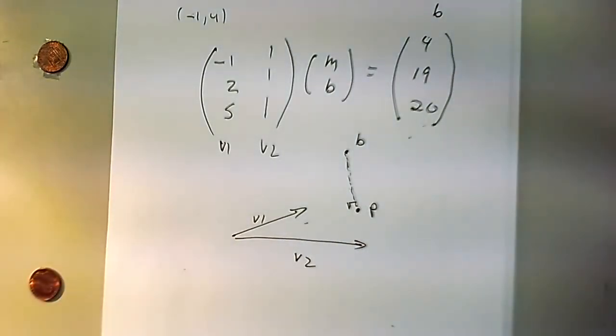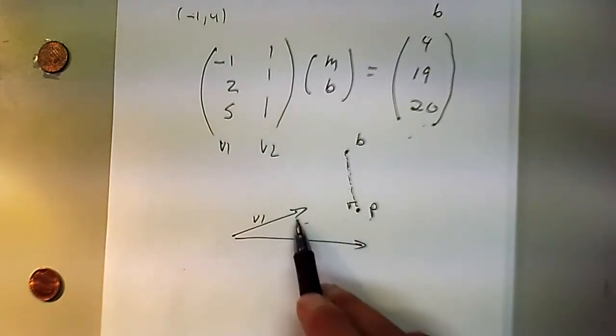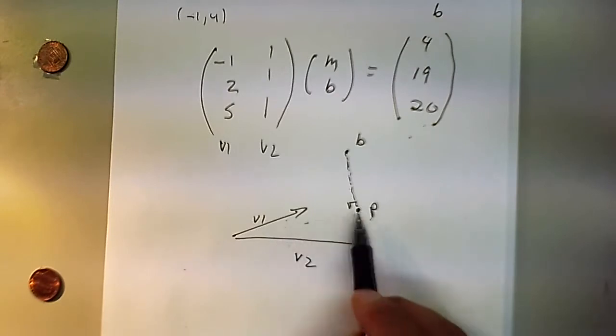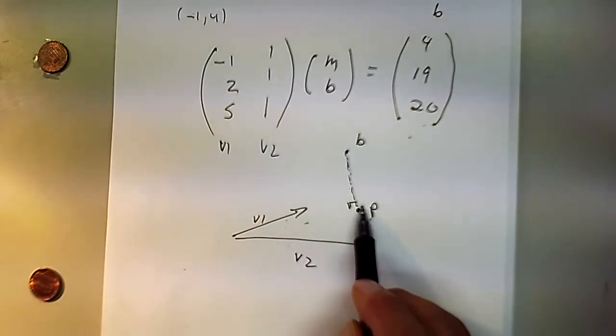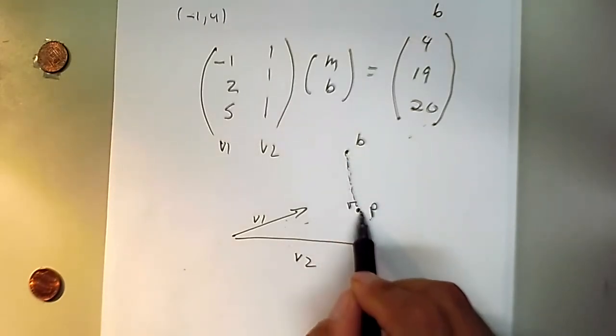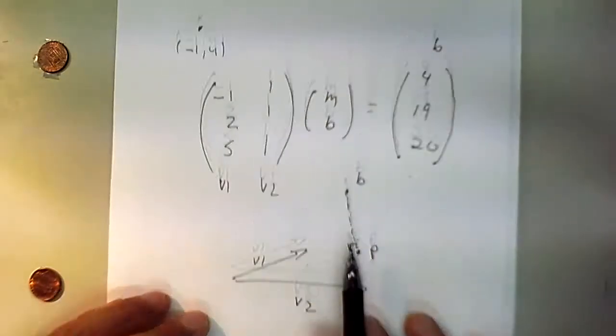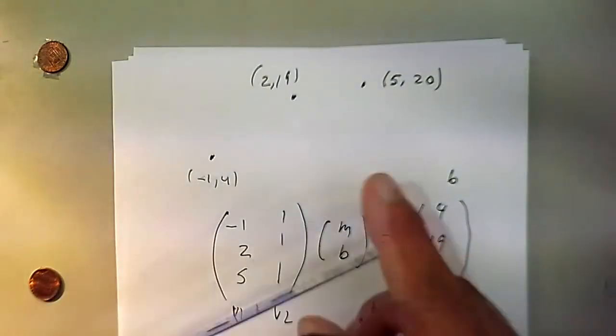We can find the point P that is a combination of those two vectors, and even though we don't quite get B precisely, this is a compromise. This is as close as we can get to B, which is the idea behind here.